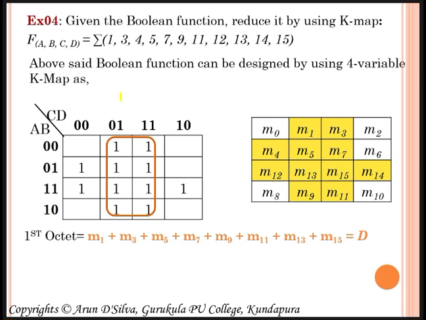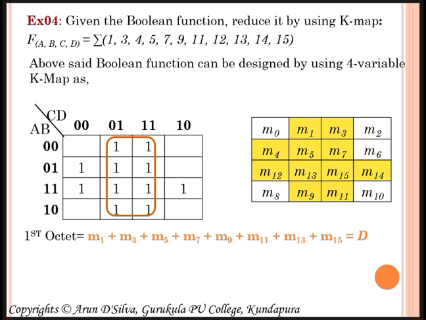By looking at the column side, it belongs to 2 columns, the second and the third column. Now in the second column, CD value is 0, 1. In the third column, CD value is 1, 1. That means C value changes, 0 and 1 is there. But D value will not change. D value is 1. Therefore, the reduced min term of this octet is D.